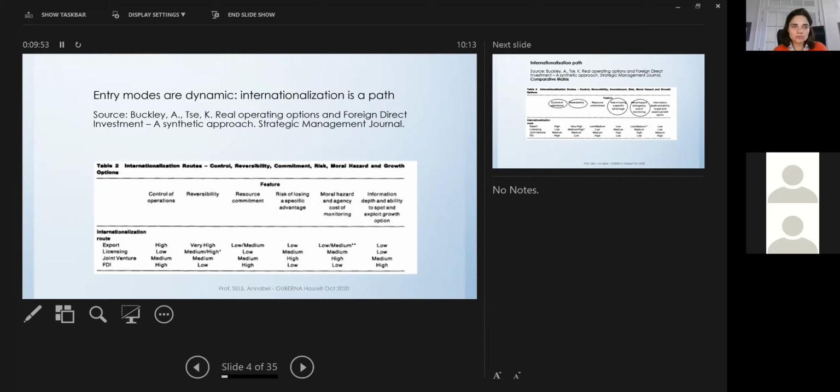If you look into export, of course, export control is very high, and reversibility is quite high. Resource commitment is not that high, right? It's low or medium. Risk of losing an advantage, not really, right? Your firm-specific advantage, your brand, your intellectual property, your patents will not be affected if you export goods, right?